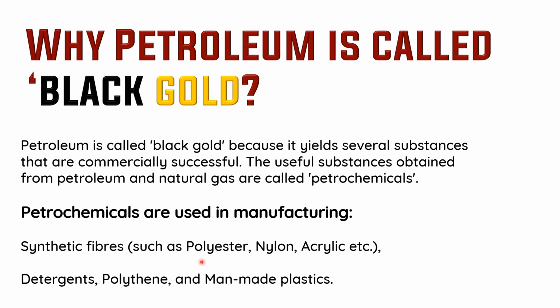You studied last year the synthetic fibers: polyester, nylon, acrylic, etc. And detergents, polythene and man-made plastics. And hydrogen gas obtained from natural gas is used in the production of fertilizers. So this is why petroleum is called black gold.